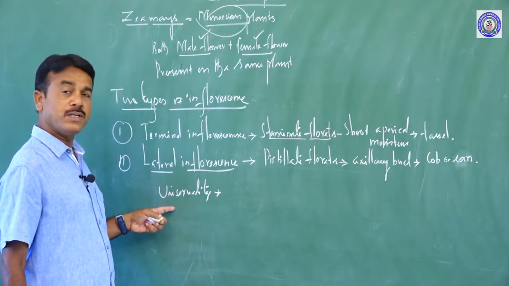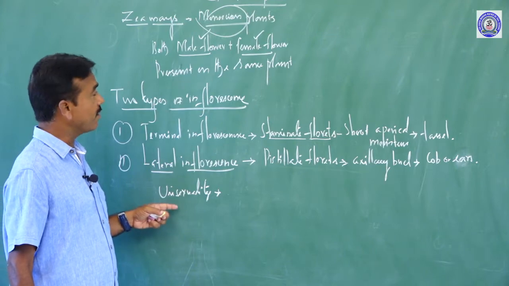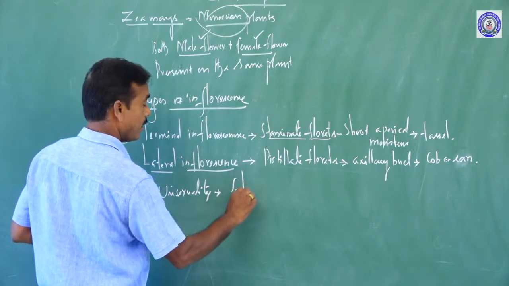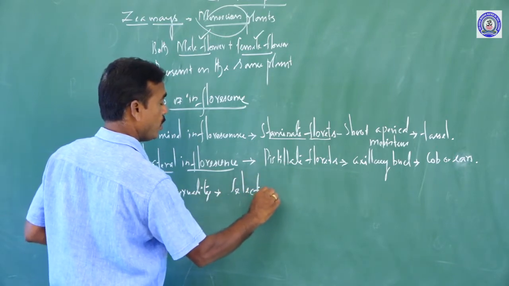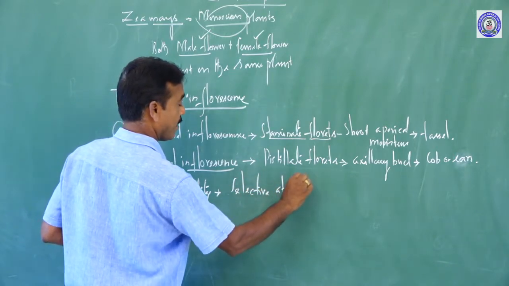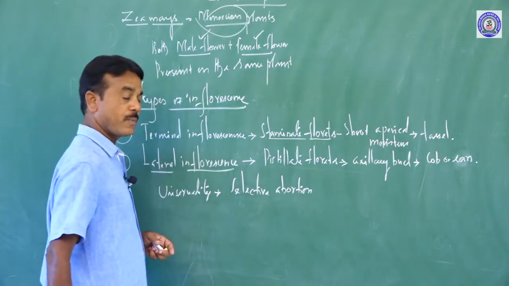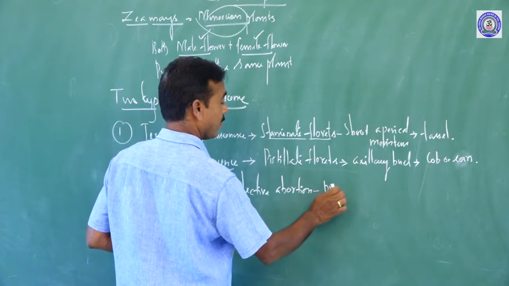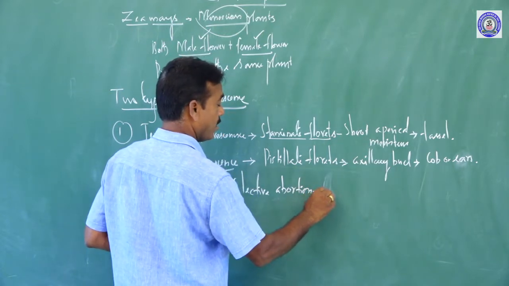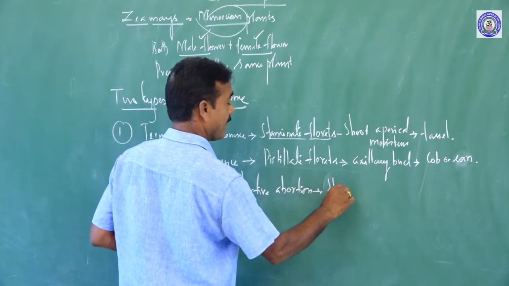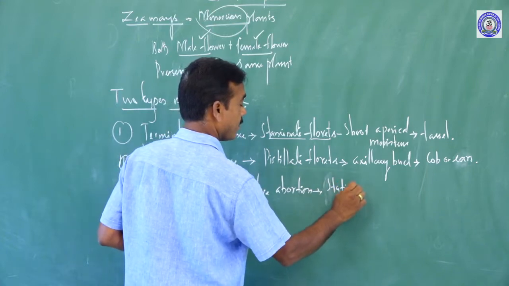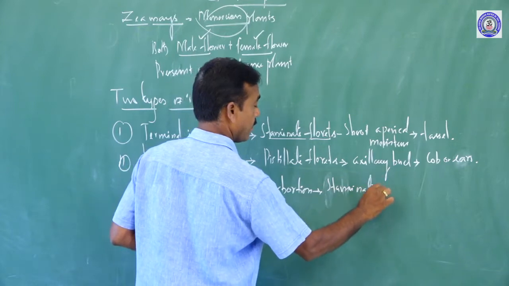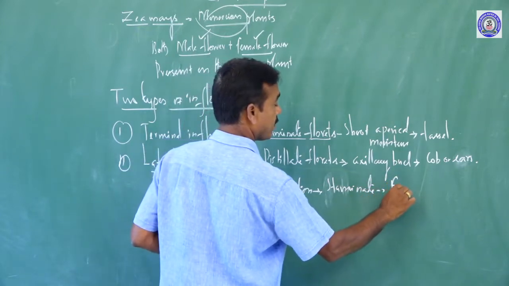The unisexuality that occurs in maize is due to selective abortion: selective abortion of staminate flowers in ear florets.